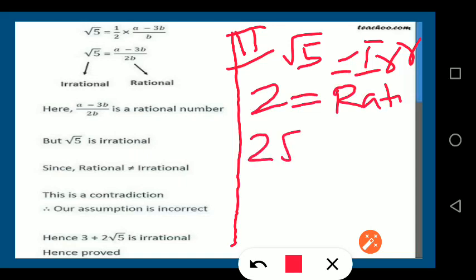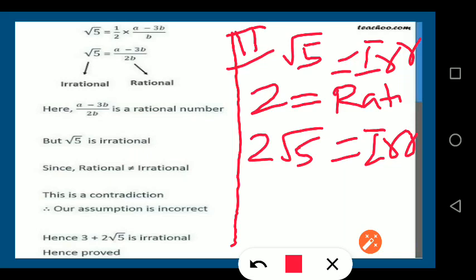Then 2 root 5 will become irrational because the product of an irrational number and a rational number is an irrational number.